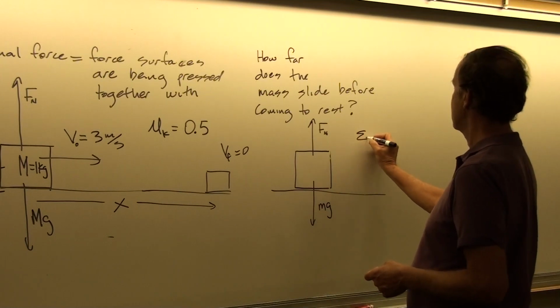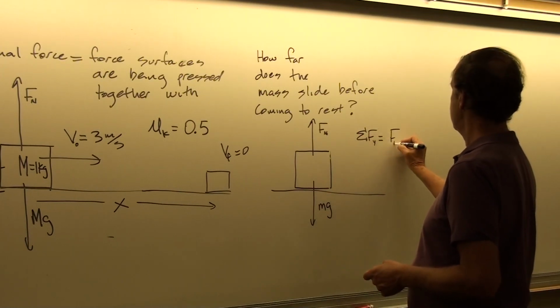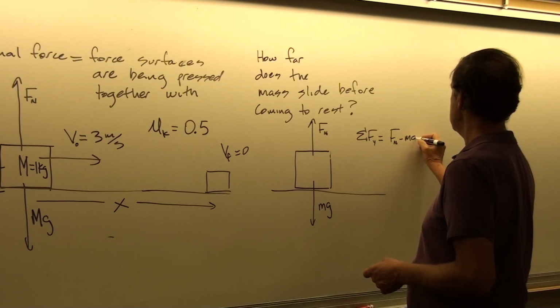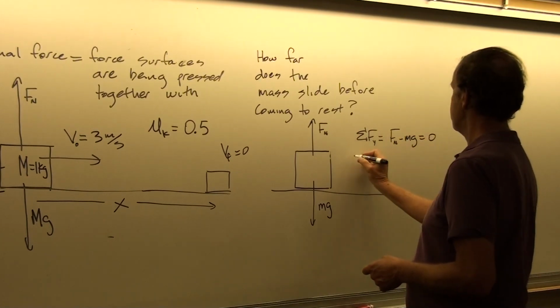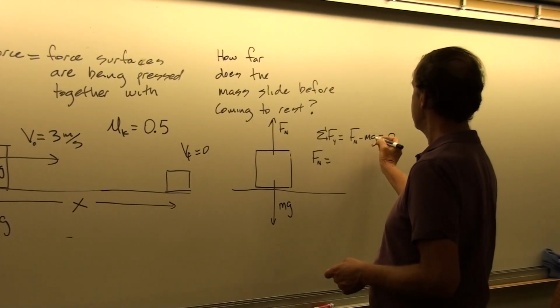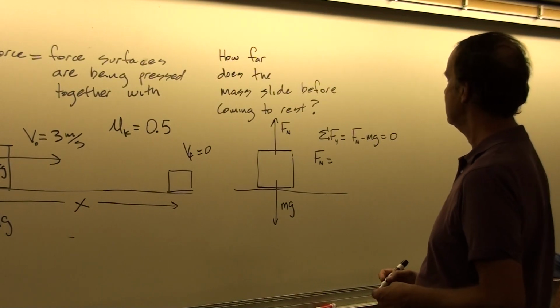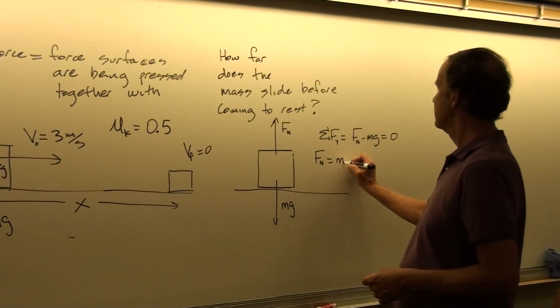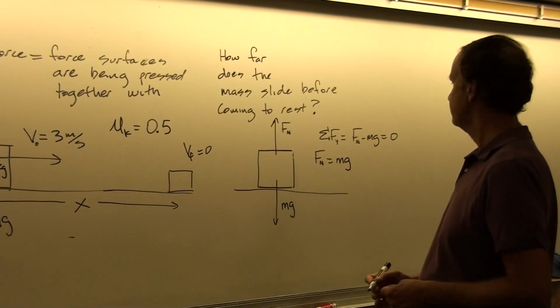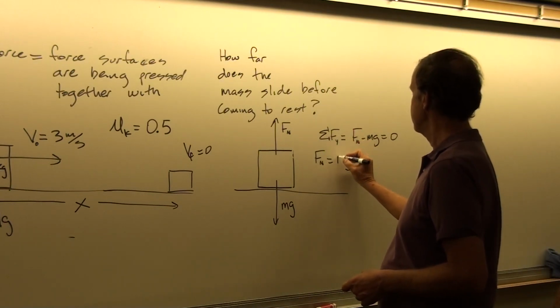So we can say the sum of the y forces equals F normal minus mg, that's equal to 0. That tells us from the sum of the y forces that we have equal and opposite forces acting, but no acceleration. So the normal force is equal to the weight, mg. I was using capital M here, so let me just keep using that.